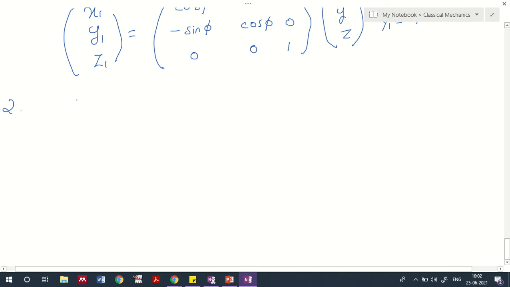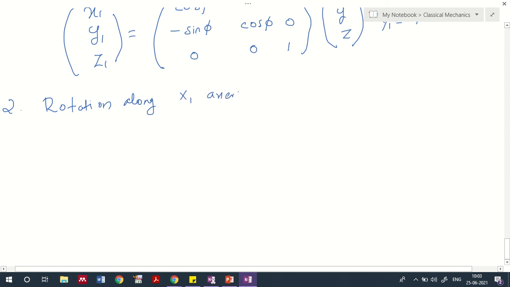In the second step, what we do is a rotation. Basically, we are changing an angle, which means it's a rotation, right? The rotation is in the anti-clockwise direction, and this time the rotation is along the x1 axis.